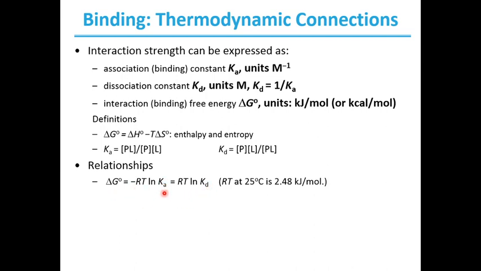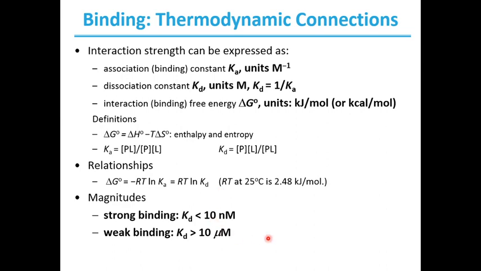Remember, when you invert Ka, the negative sign goes away. So delta G0 is equal to RT ln Kd. The magnitudes, as I said before, the lower the Kd, the stronger the binding of a ligand to a protein. As the Kd increases, the binding becomes weaker.